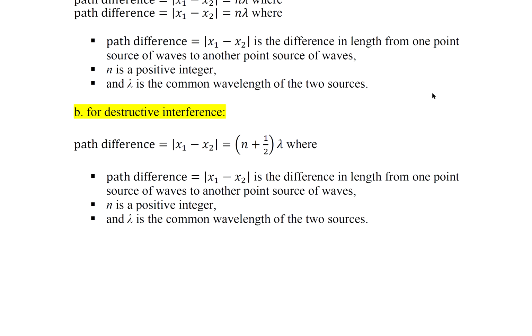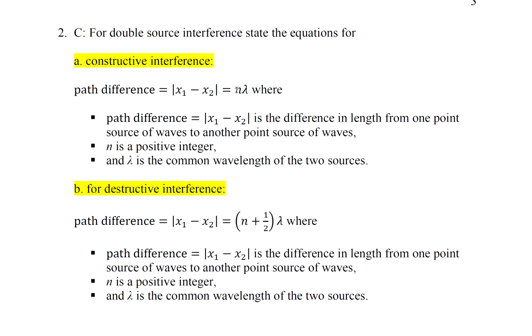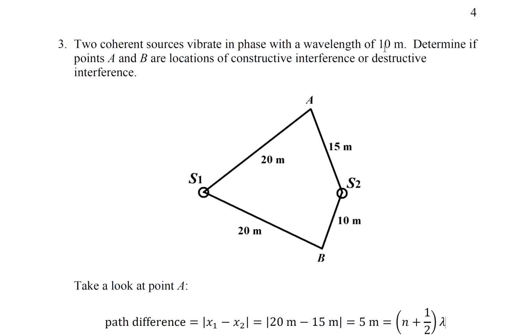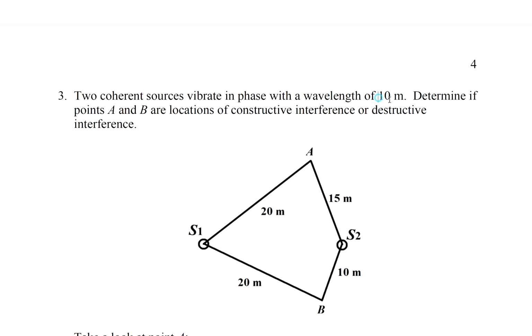Now let's try to set that equal to, we're going to have to take a guess. It's either n lambda or n plus 1/2 lambda. Let's use n plus 1/2 lambda. What is lambda? It's the wavelength. They told us the wavelength is 10 meters.